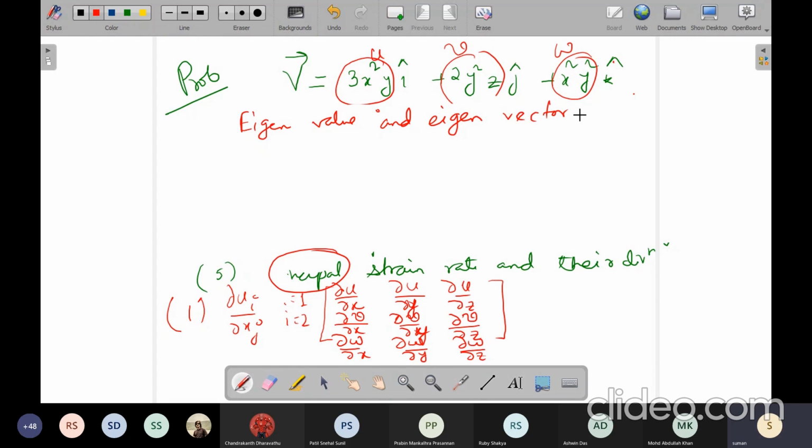But how do you relate those two, except for the fact that you are given a formula of how to calculate principal stress, etc.? So to bridge that gap, you have to have a physical understanding of what is the meaning of eigenvalue and eigenvector.